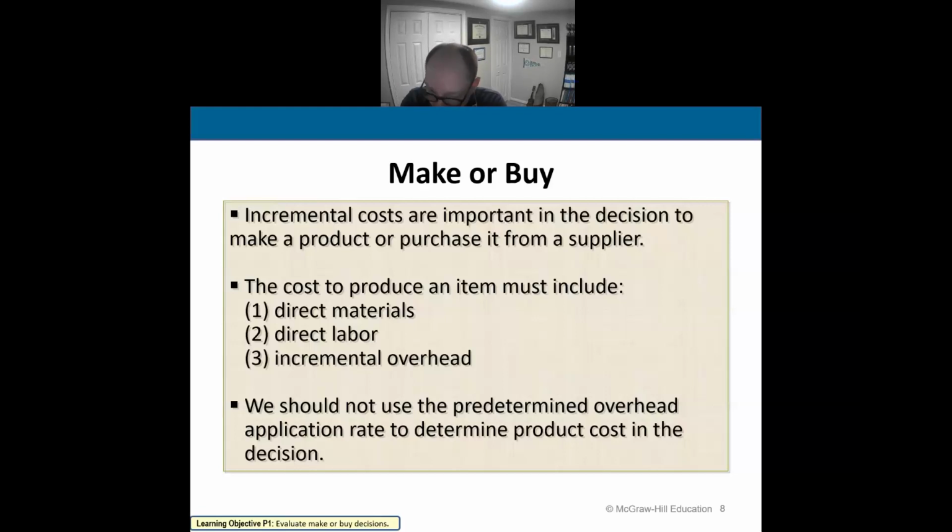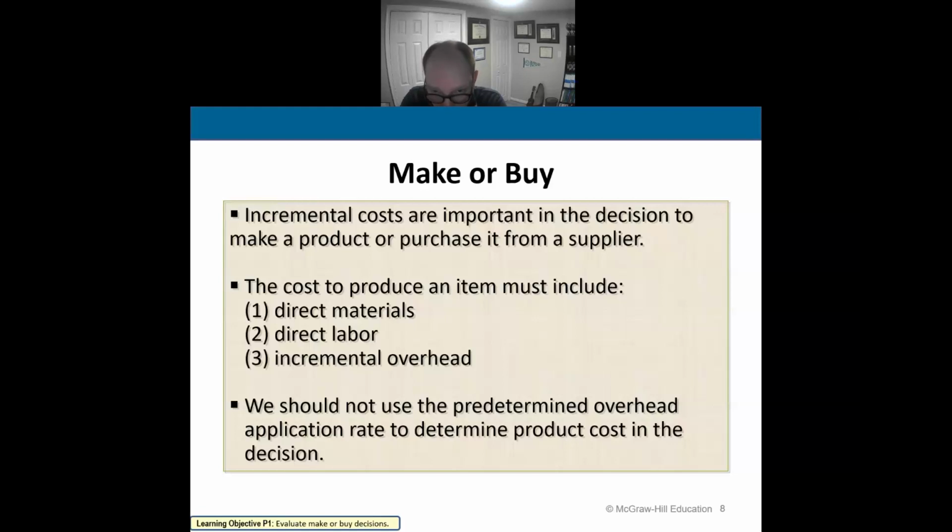So alternative one, make. The related costs associated with the make are direct material, direct labor, factory overhead. With alternative two, do I buy the calculator and then sell it? In that case, the cost is the cost of purchasing the calculator, the cost of keeping it in inventory, the cost of getting it shipped to you.